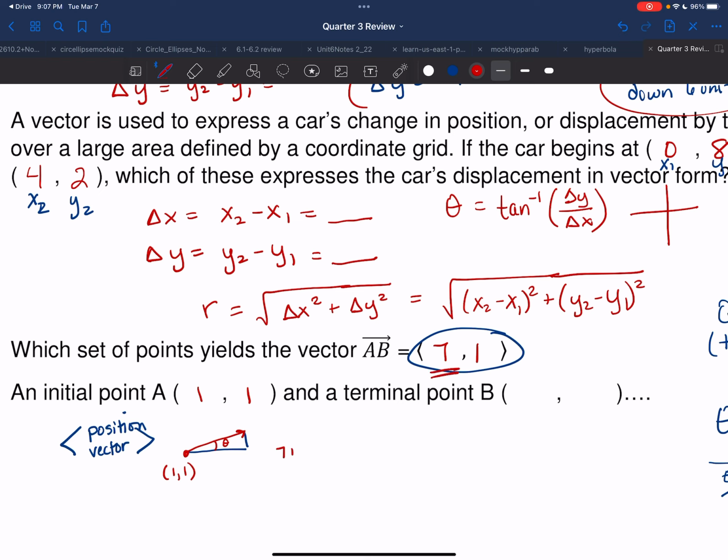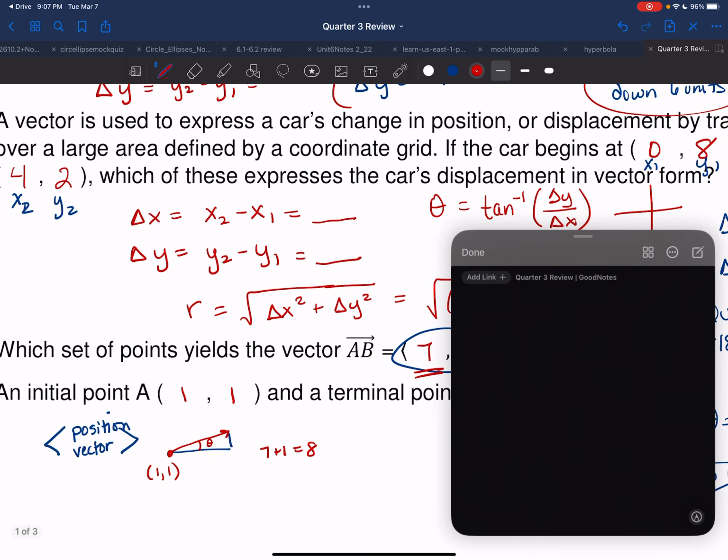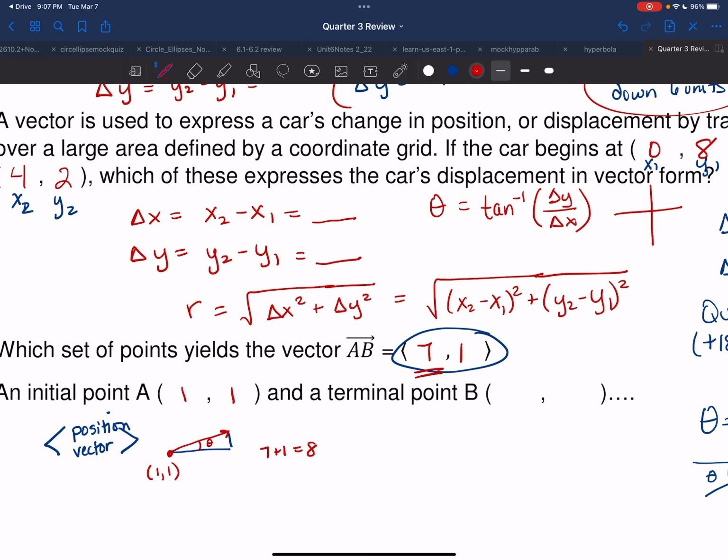So I do 7 plus 1 gives me 8. So I know I'm at coordinate 8. And then I take my 1 that's here and add the 1 that's here. And that will give me 2. So 8, 2 is where I'm at.